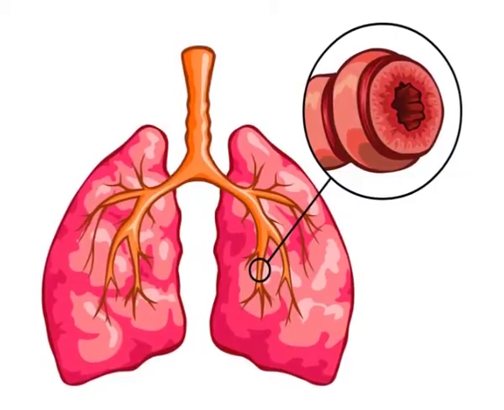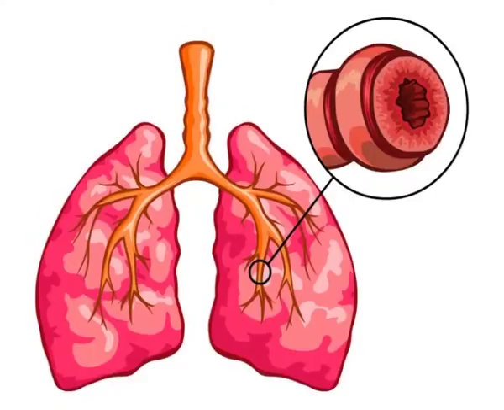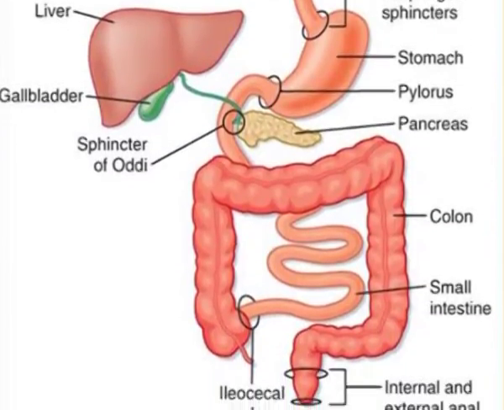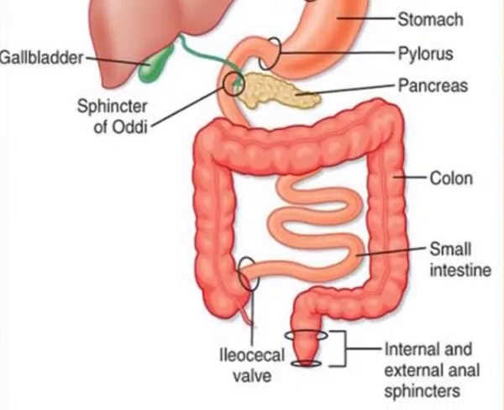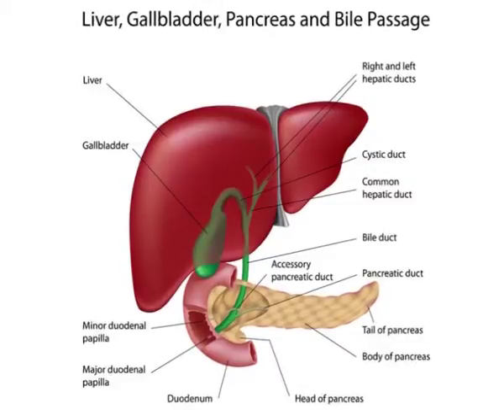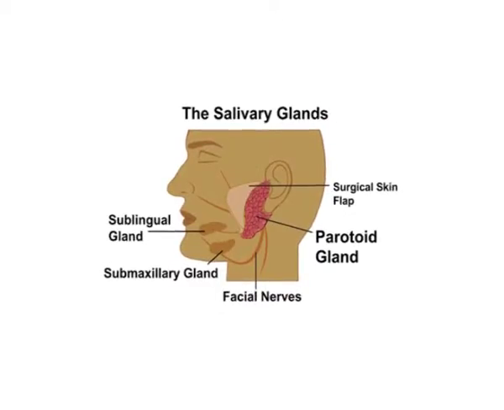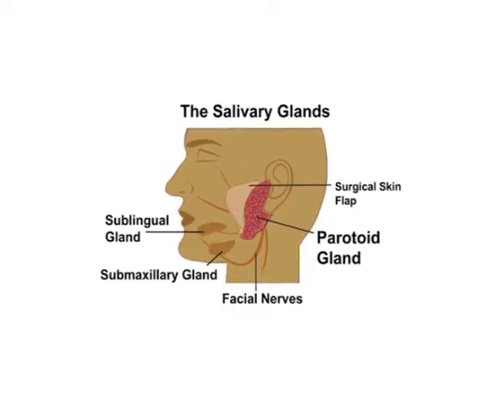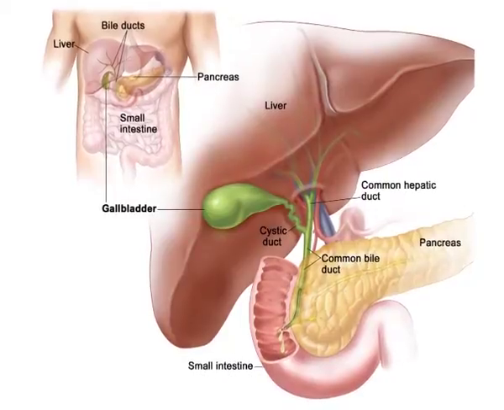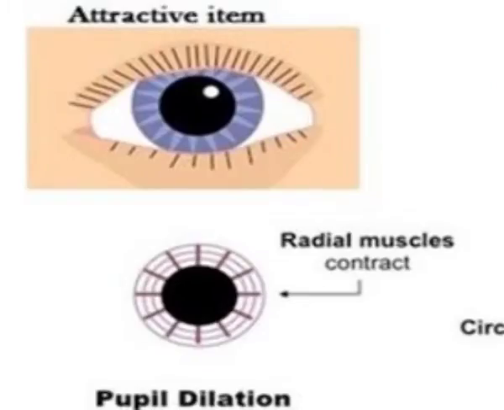Second, stimulation of the smooth muscles of the bronchi, the gastrointestinal tract, the gallbladder and bile duct, urinary bladder and uterus. Third, relaxation of sphincters in the gastrointestinal, biliary and urinary tract. Fourth, stimulation of the salivary, sweat, nasopharyngeal and lacrimal glands and stimulation of the secretory activities of the stomach, intestine and pancreas.